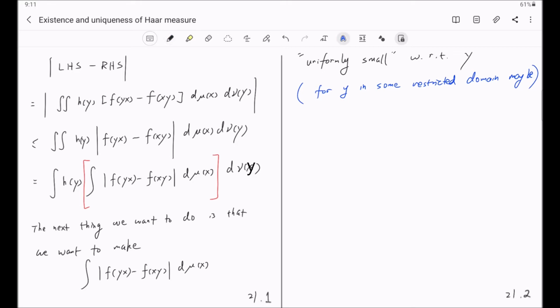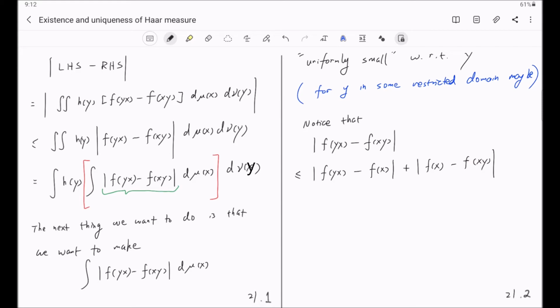And to this end, we're going to focus on this difference, this absolute value. Notice that this difference we can split by the triangle inequality into two parts: f of yx minus f of x, plus f of x minus f of xy.